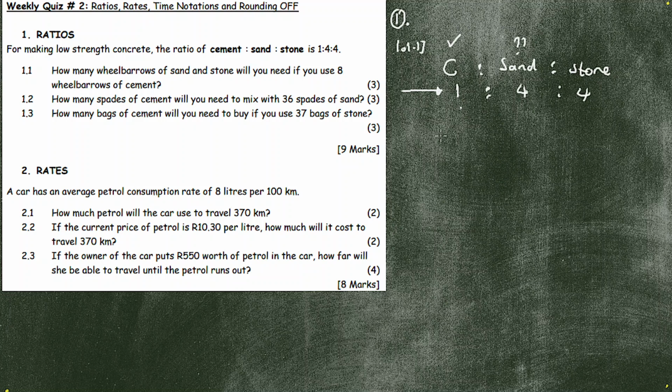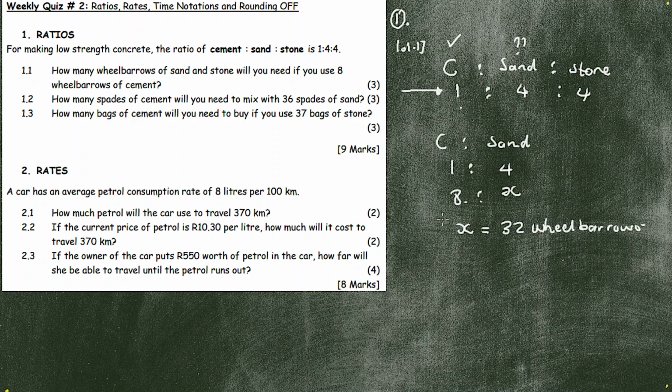Between sand and cement, I have a ratio of 1:4. I'm given 8 wheelbarrows of cement. How many wheelbarrows of sand? I don't know, I'm going to work it out. I cross multiply: 1 times x is x, and 8 times 4 is 32 wheelbarrows.